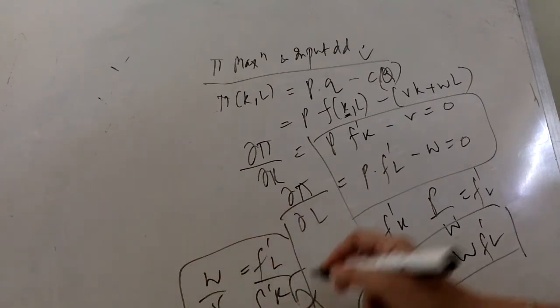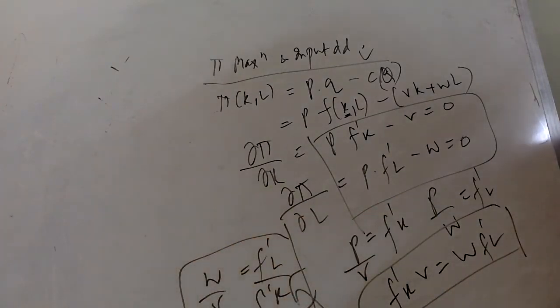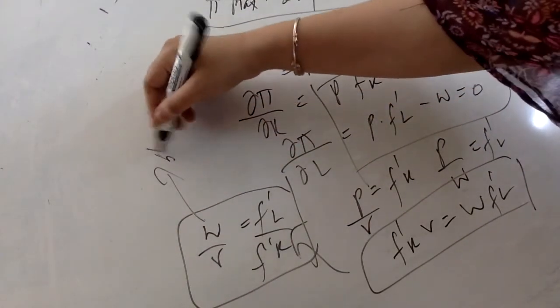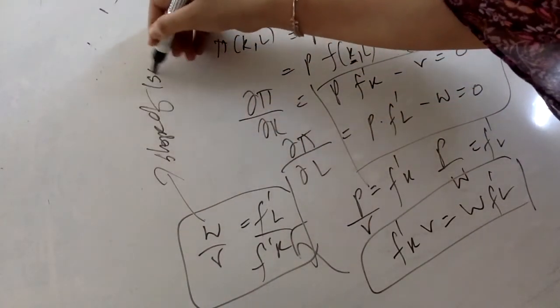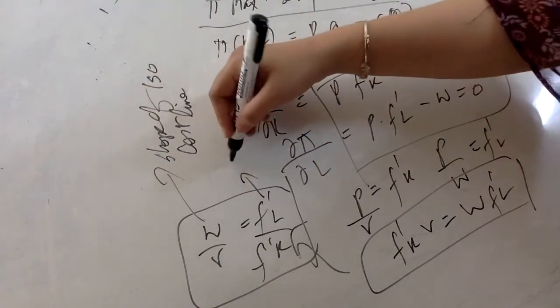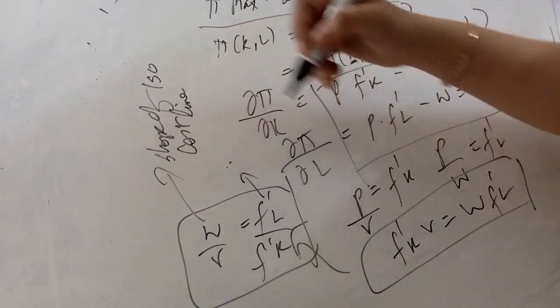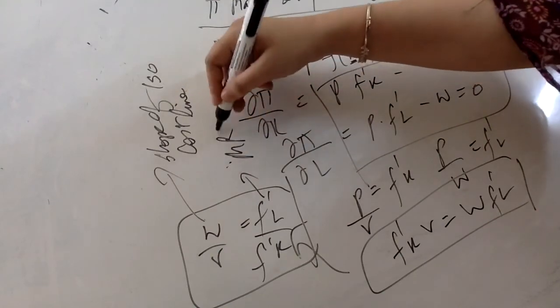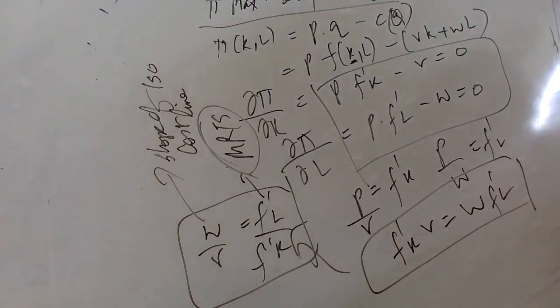This is simply the result that we derived in the cost function as well: this was the slope of the isocost line and this was the slope of the isoquant, or I can say the MRTS, the marginal rate of technical substitution.